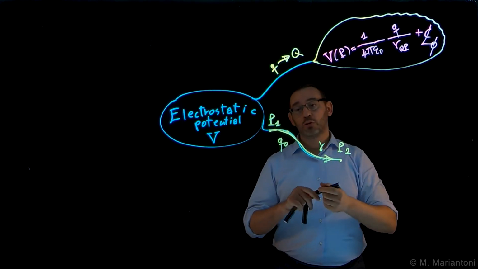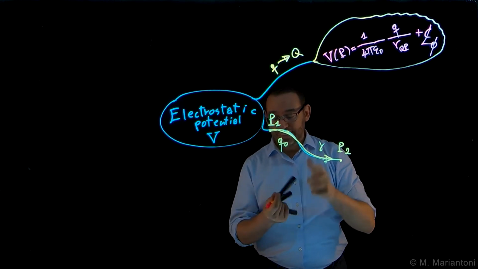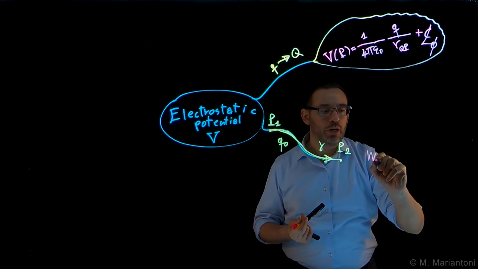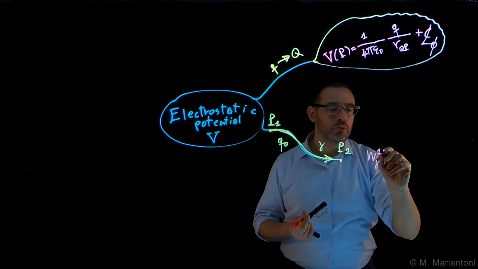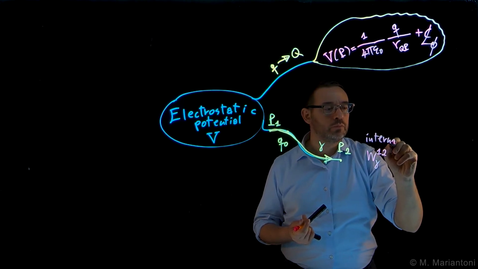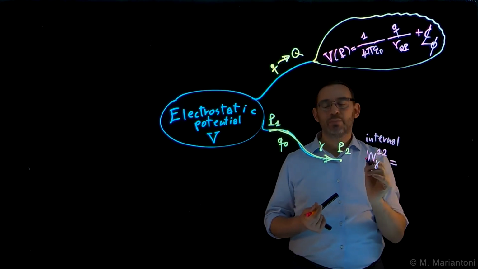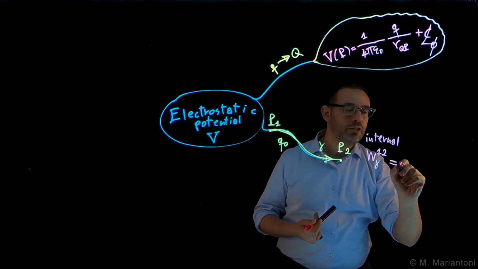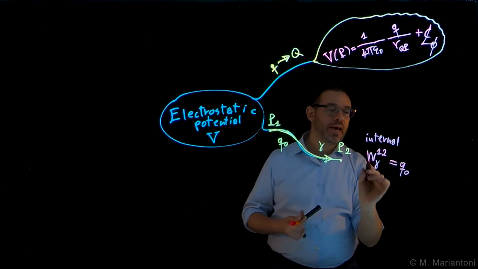The work due to the internal forces, W along gamma from 1 to 2, can be very simply expressed by knowing the state function, which is the electrostatic potential, as Q naught. And now here you need to be careful.